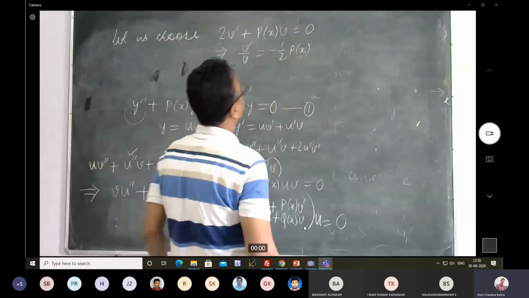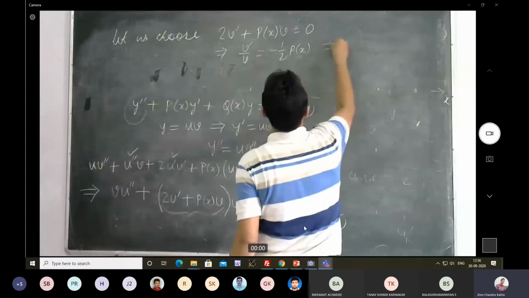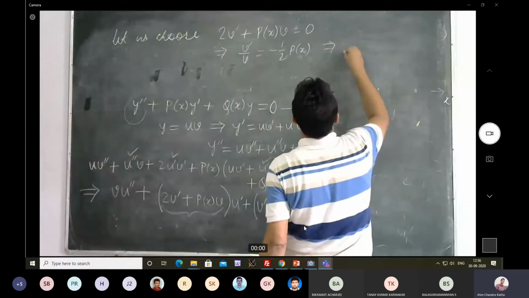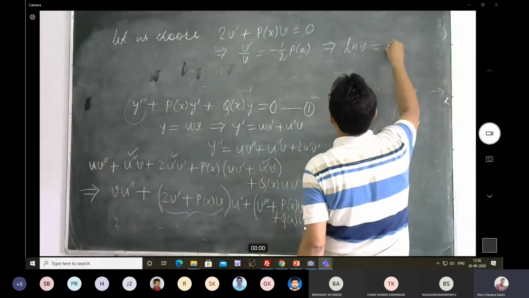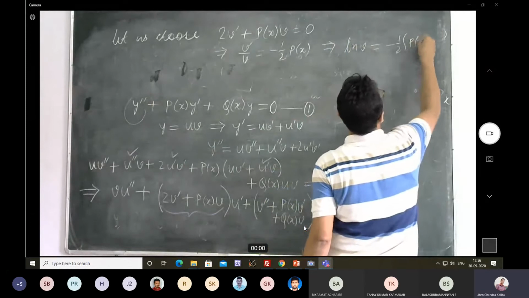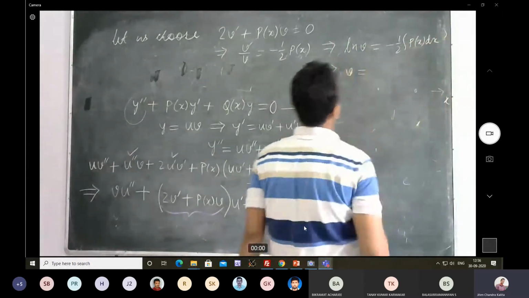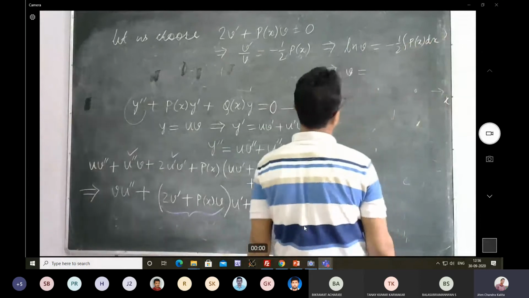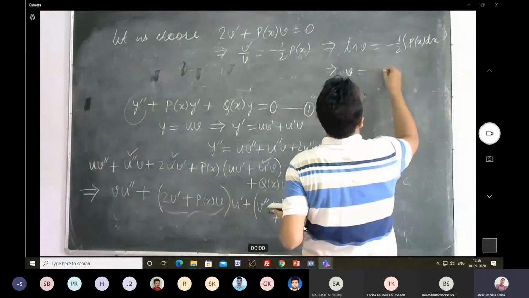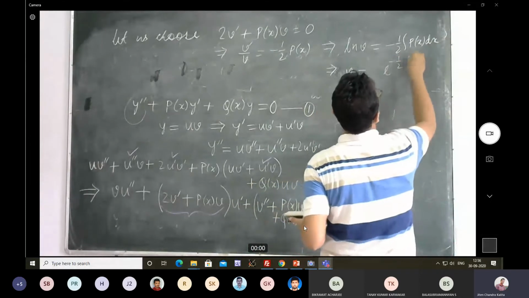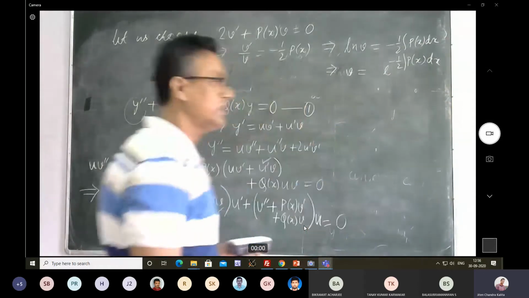This is classical. The constant of integration I am not writing down because that is not going to affect the final outcome. So v is e to the power minus half integral p(x) dx.